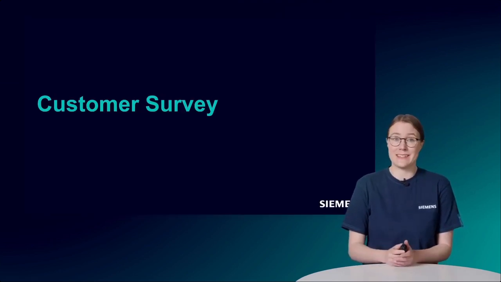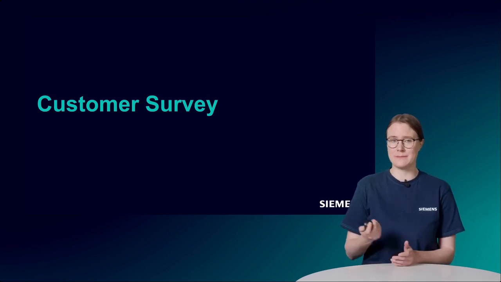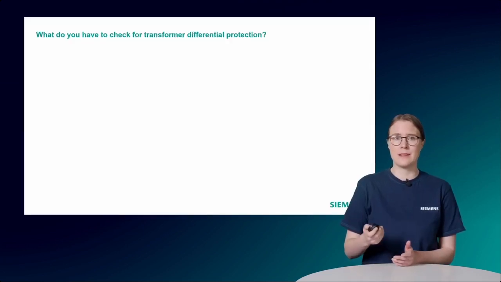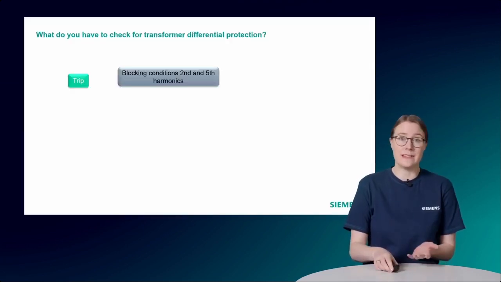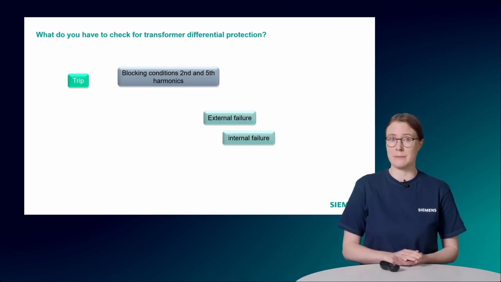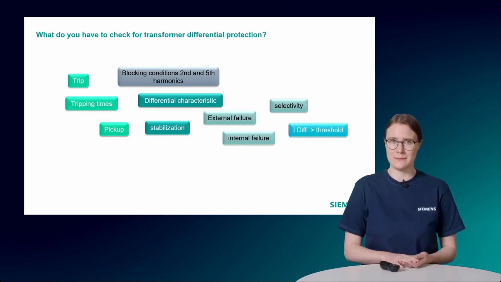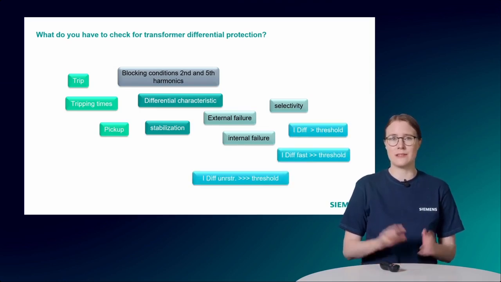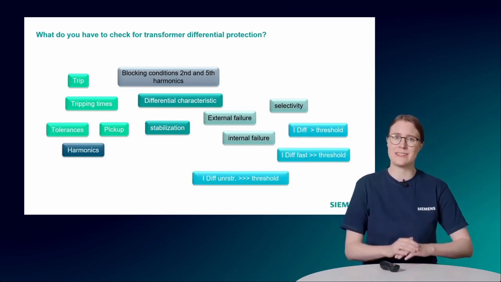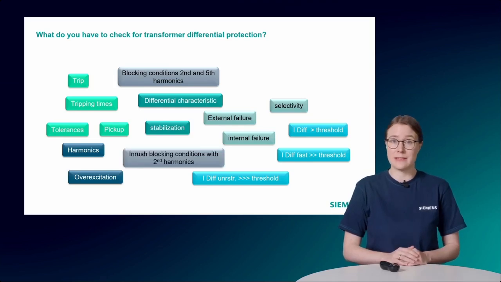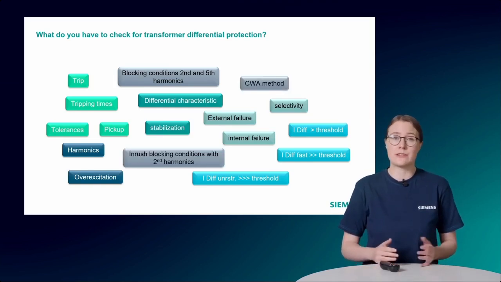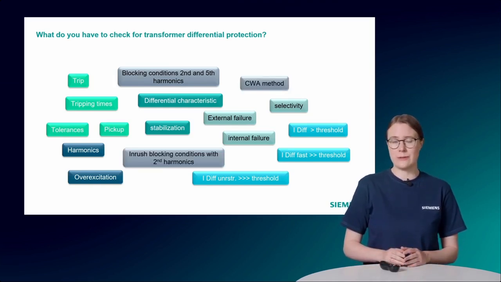Alright, let's get started with the customer survey. On this slide, you see the results of a little customer survey. These are the protection functions and network conditions that our customers want to test. This includes, of course, the classic protection tests like tripping times, the differential protection characteristic, and the threshold values of the different stages that we have.